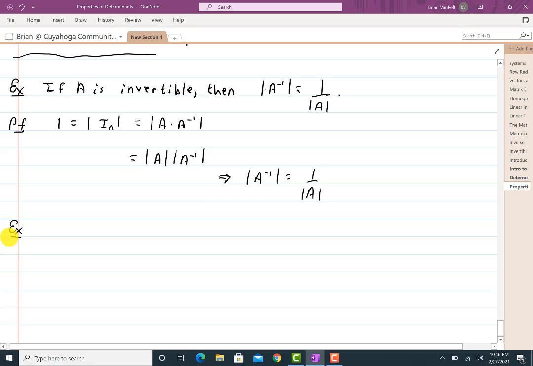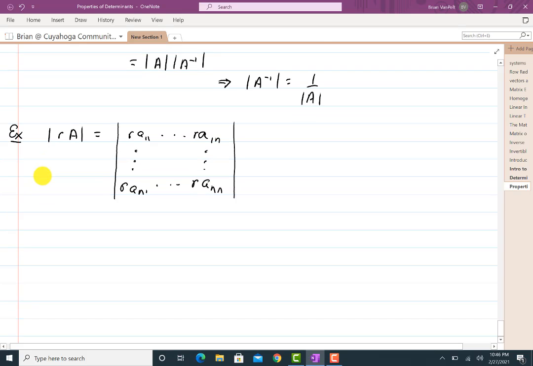Another example. Suppose you multiply an entire matrix, not just a row, but an entire matrix by an R value. Whatever R is, I don't know, but I'll have RA11, RA1N, RAN1, RANN.